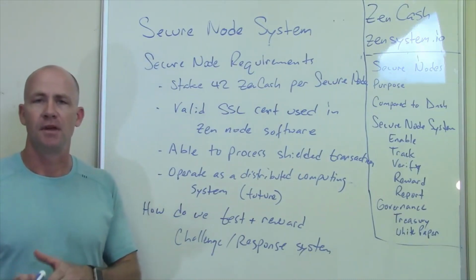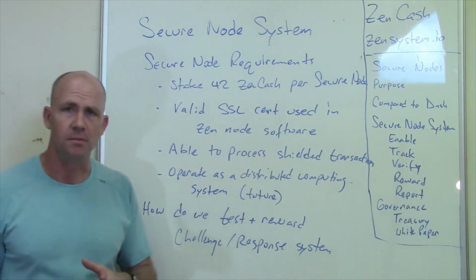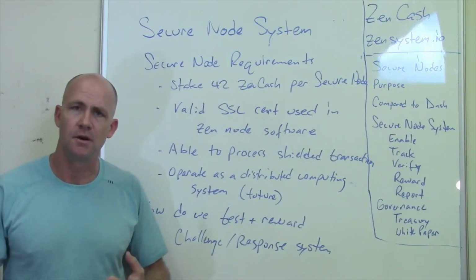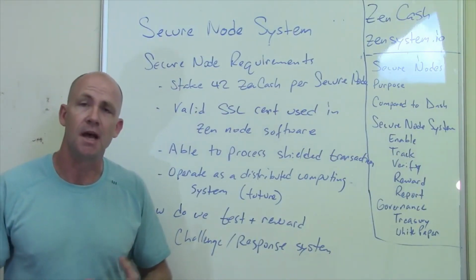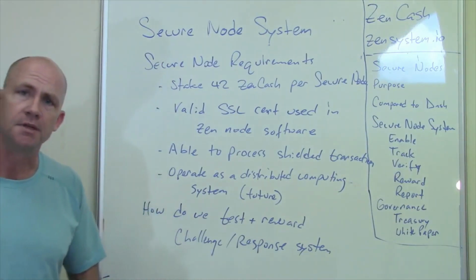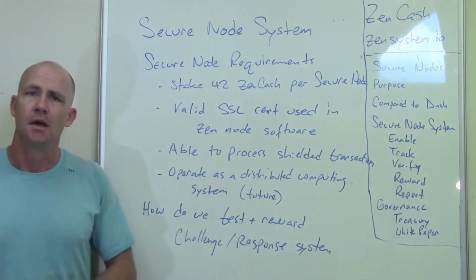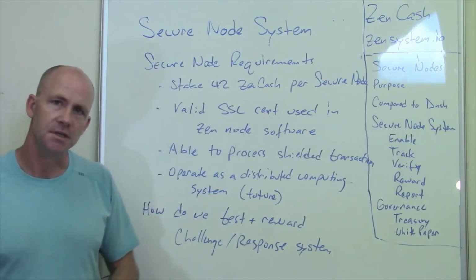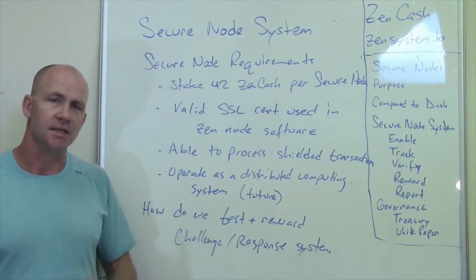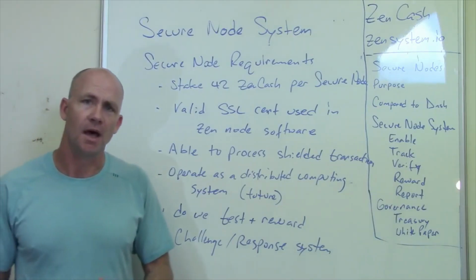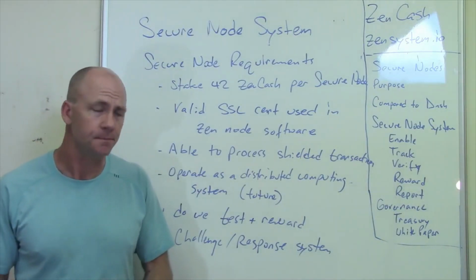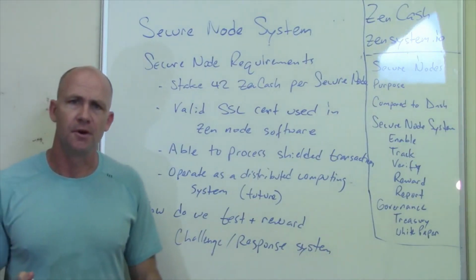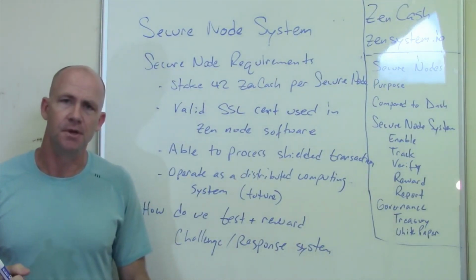So instead of having a very minor bit of computing power applied to the secure node, by making the secure node have to be able to do a shielded transaction, which fits right in with what it's supposed to do anyway, it helps meet the computing and resiliency requirement. And it's much less likely to be hit hard by a denial of service attack anyway. And in the future, we want to have secure nodes be able to operate as a distributed computing consensus.